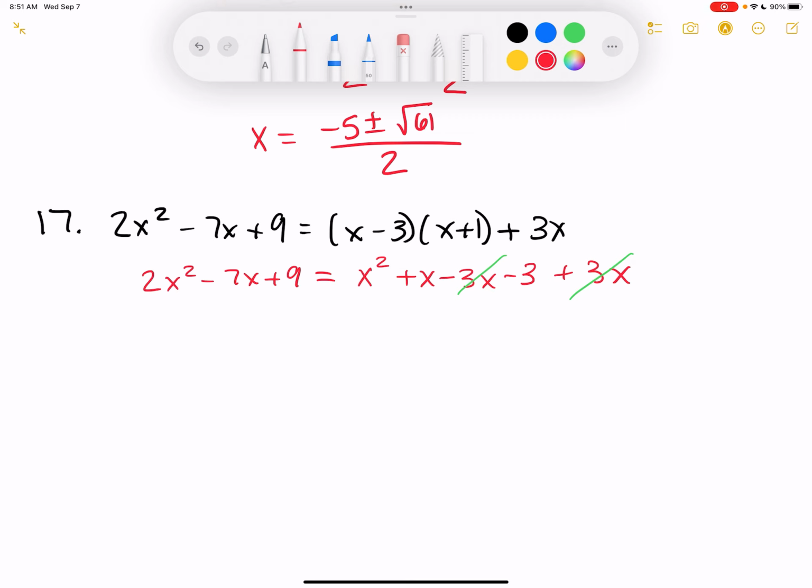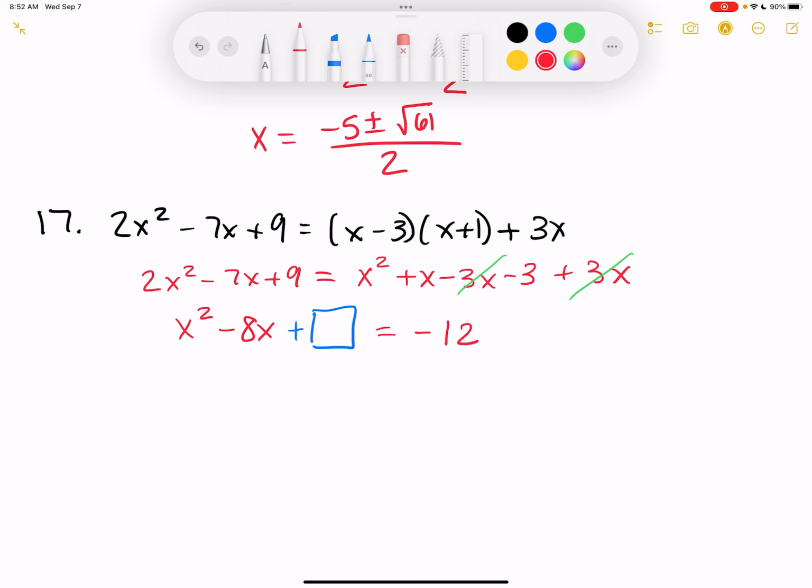X squared, and then negative 8x, and then we move the 9 over, so negative 12.